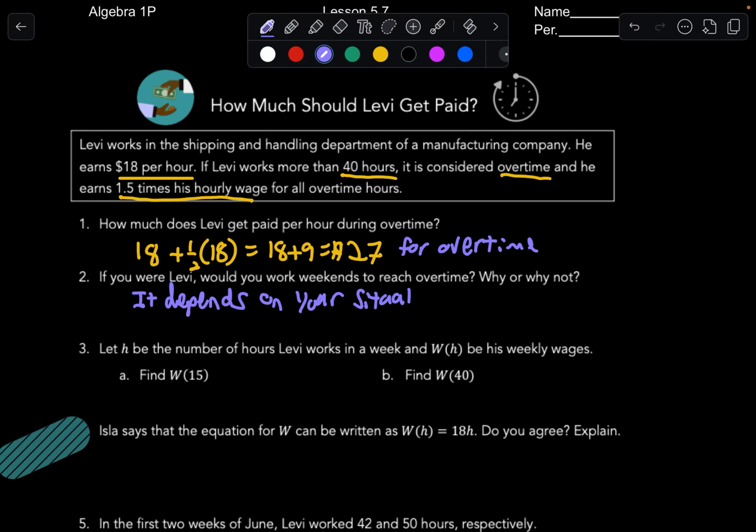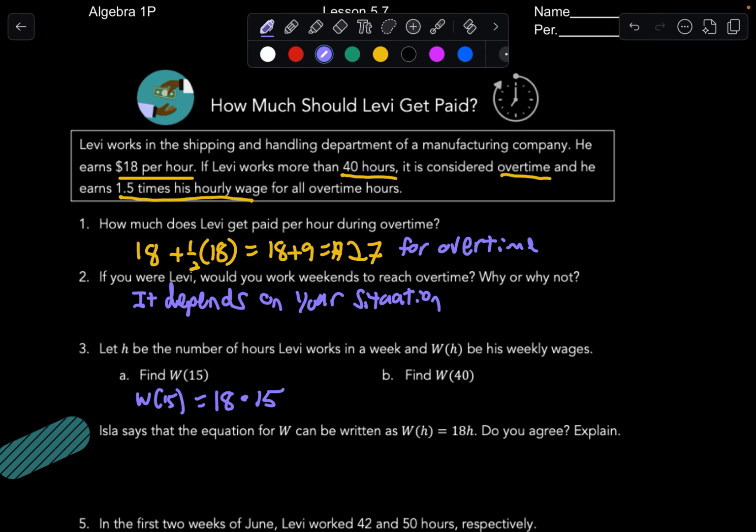All right, now let H be the number of hours Levi works in a week and W(H) be his weekly wages. Find W of 15. Well, since that's less than 40, that's just going to be his hourly wage, 18 times 15. What is 18 times 15?